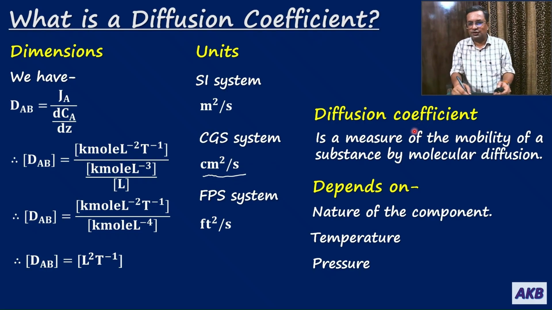The diffusion coefficient is a measure of the mobility of a substance by molecular diffusion, and it depends on the nature of the component, temperature, and pressure. You'll shortly know how they depend on these factors. Let us move ahead.